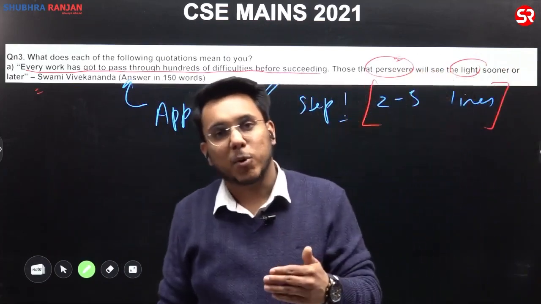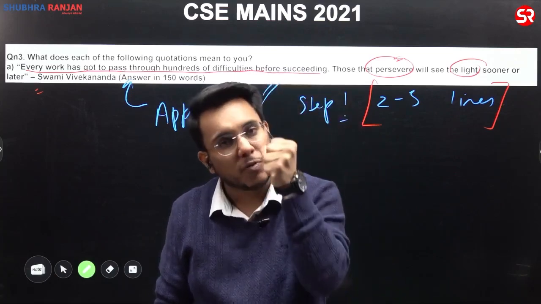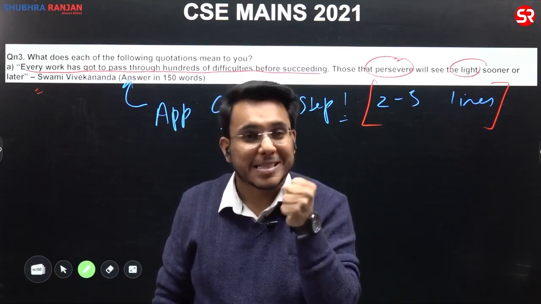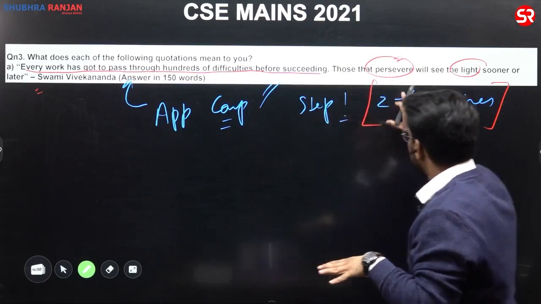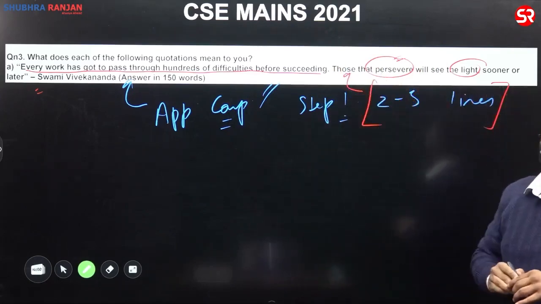According to him, every process has to go through a lot of difficulties, and the people who will be persistent, who will be steadfast, they will see the light at the end of the day. Now, what you can do? You can simplify the quote in the first 2-3 lines.